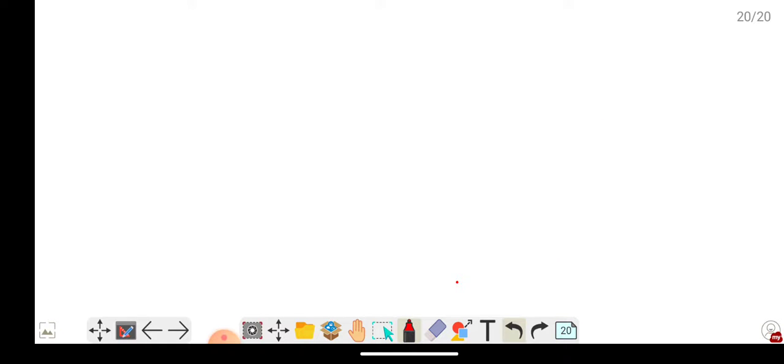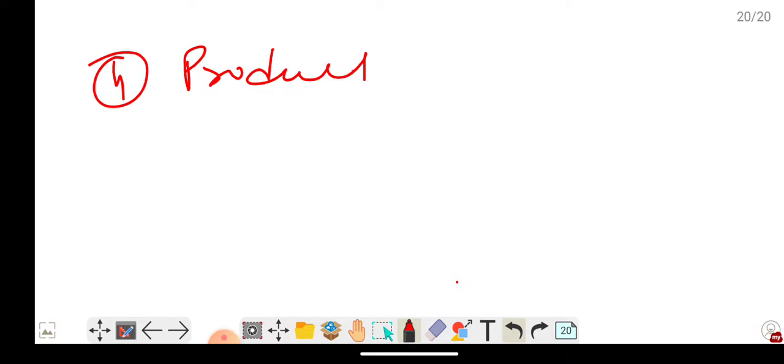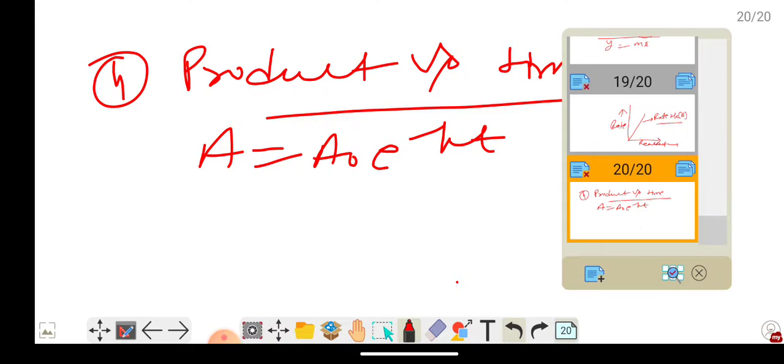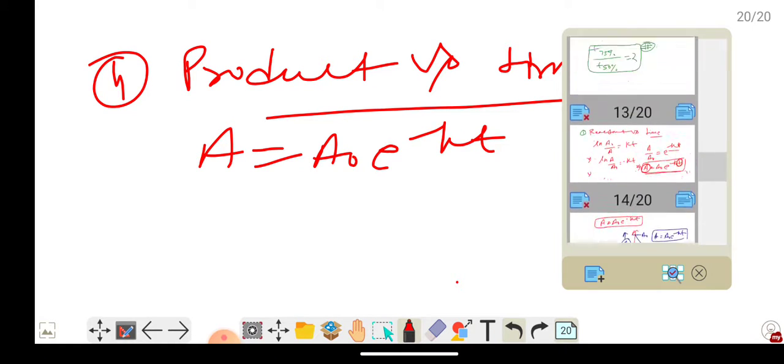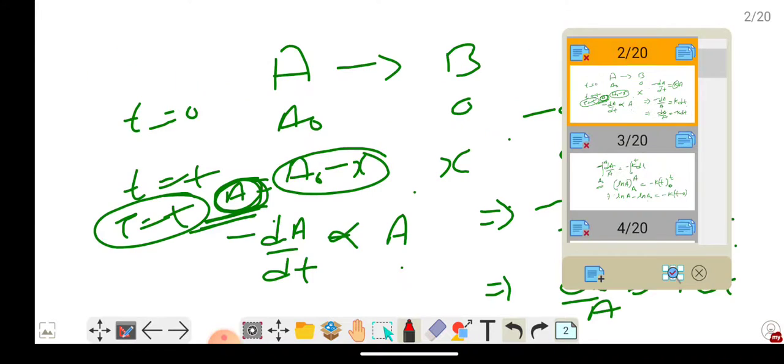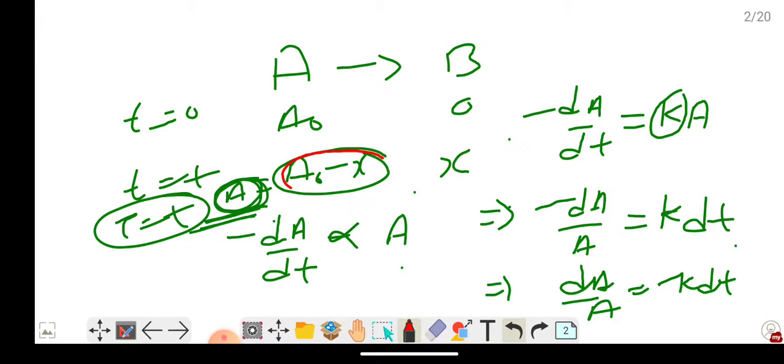Now we have the fourth graph, the product versus time graph. As we know that A is equal to A naught e to the power minus Kt, and from the above slides we see that the concentration of product at time t is equal to A naught minus x.